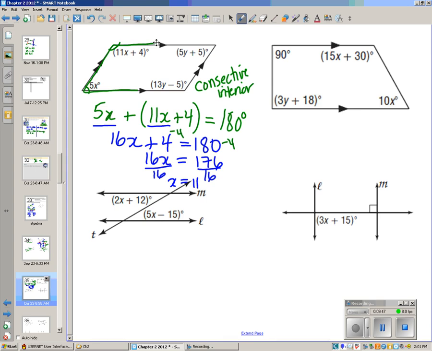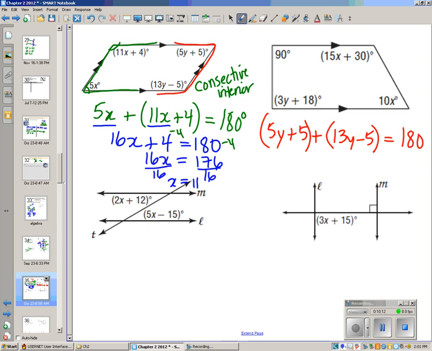So 5y plus 5 plus 13y minus 5 equals, same thing, they're supplementary, 180.